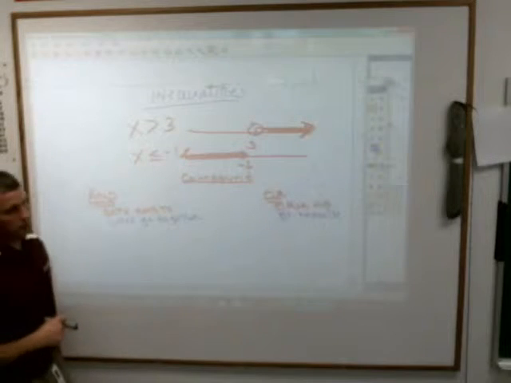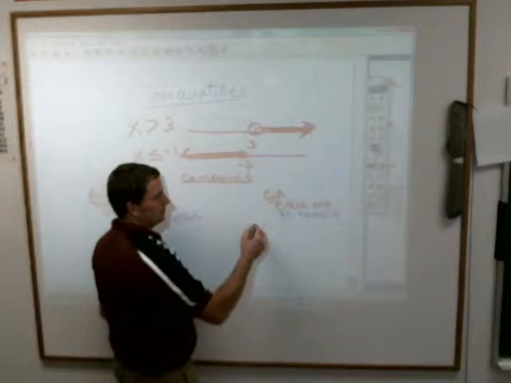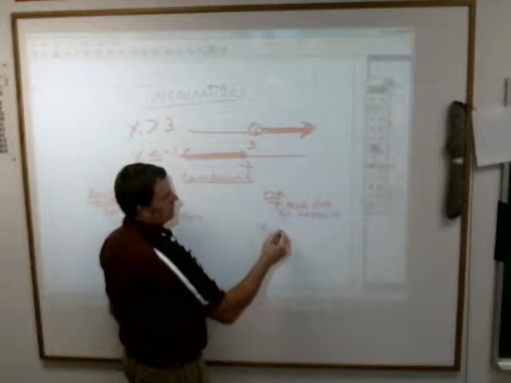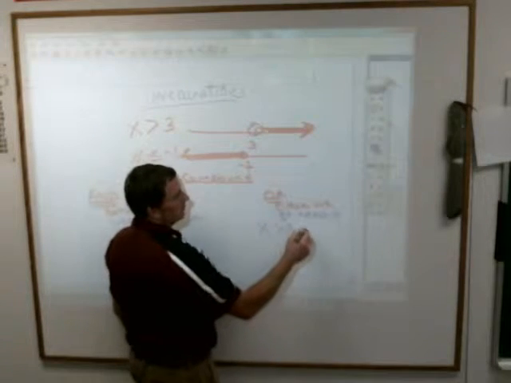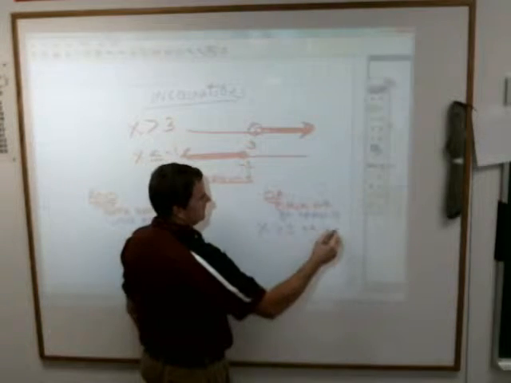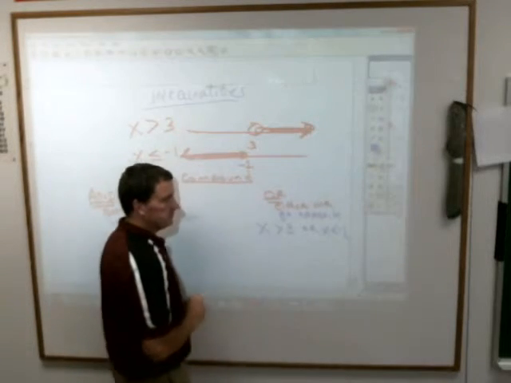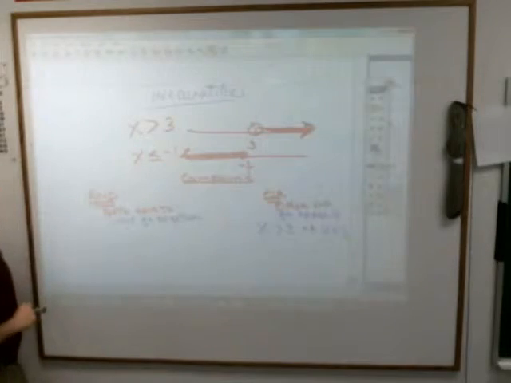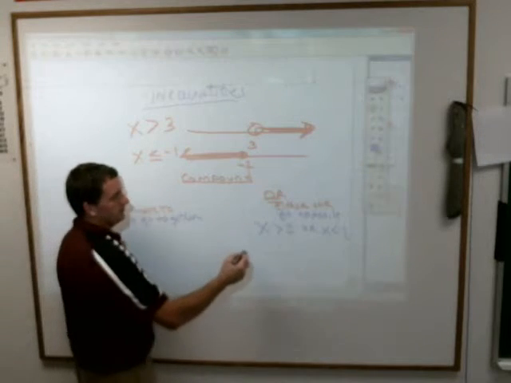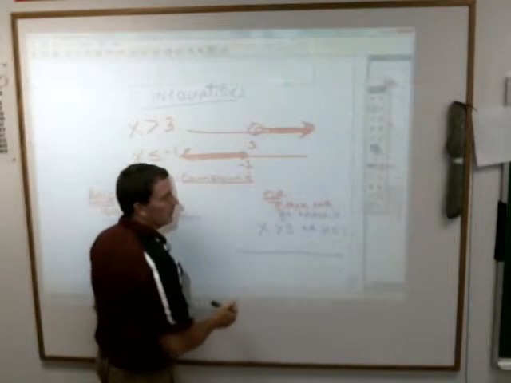If I asked you to pick a number that was greater than 3 or less than -1, what would that look like? Well, here you go.